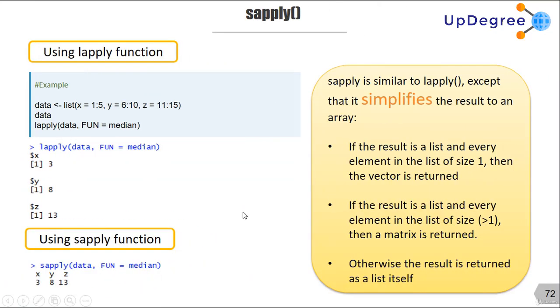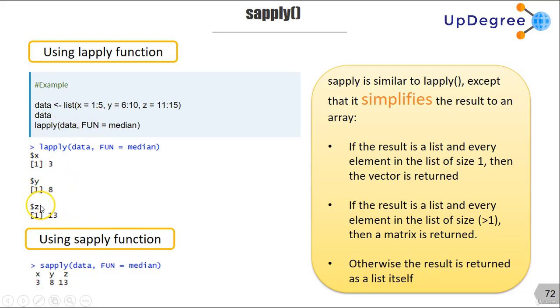sapply is similar to the lapply function, but it simplifies the result. If you remember, earlier it was giving us a list, and if you don't want a list, then we were calling the unlist function. But instead of that, we can simply use the sapply function. Remember the earlier example where we had a list from 1 to 5, 6 to 10 and 11 to 15 and we were getting this kind of result.